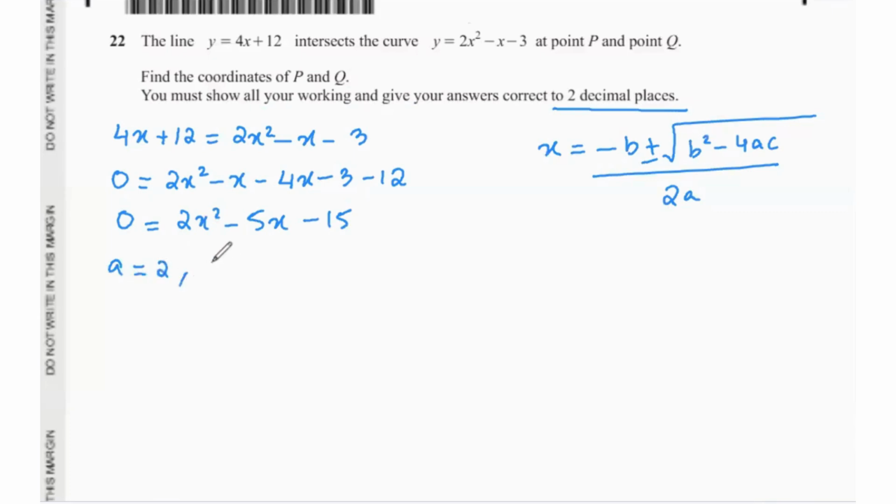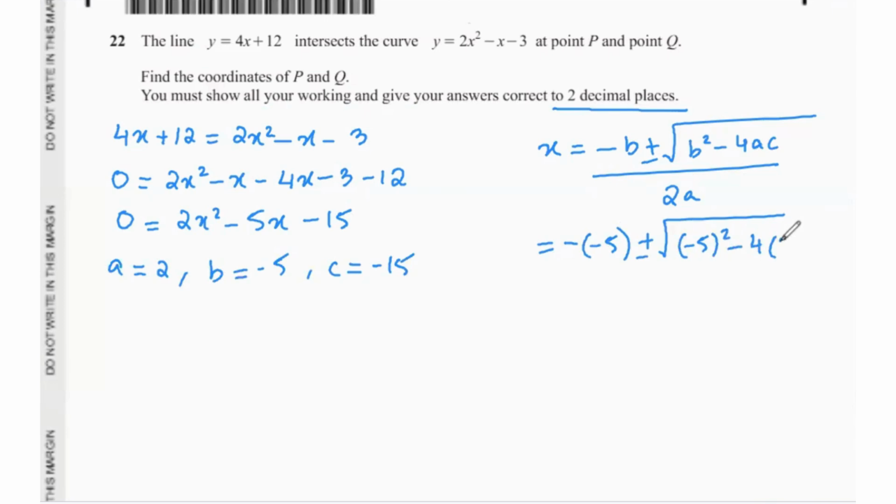So a is 2, b is negative 5, and c is negative 15. You always write the sign with the number. So it's going to be -5 plus minus square root of (-5) squared minus 4 times 2 times -15, over 2 times 2.